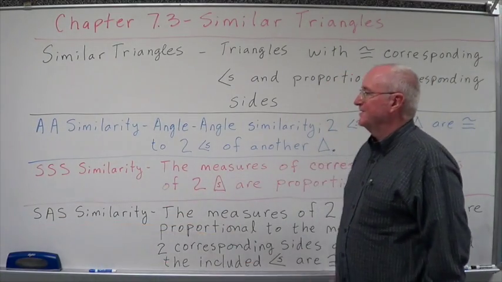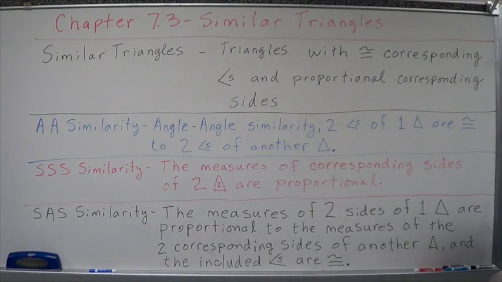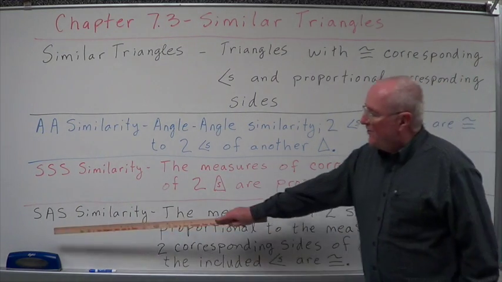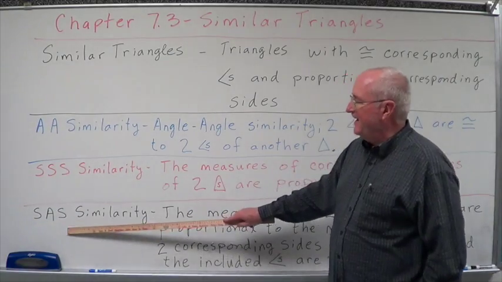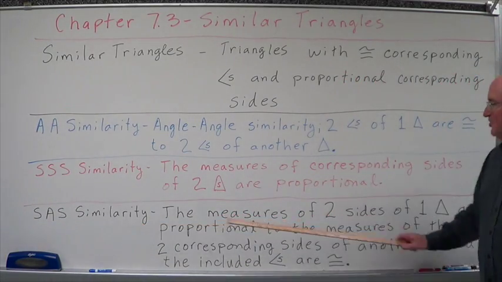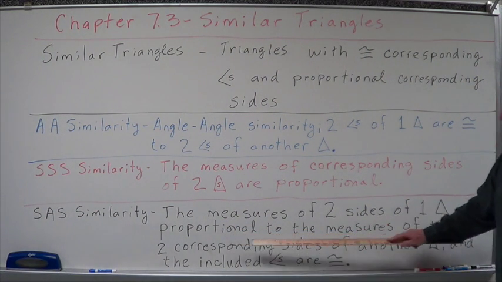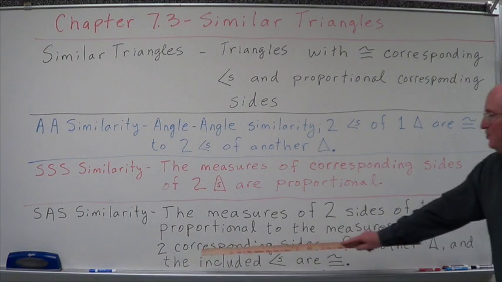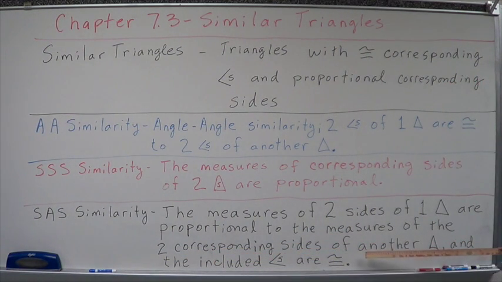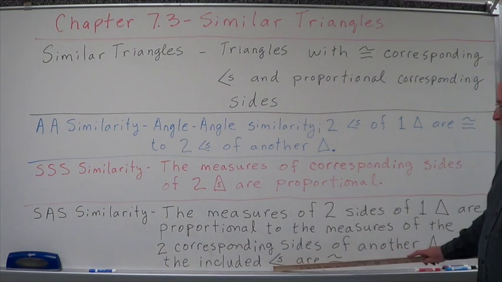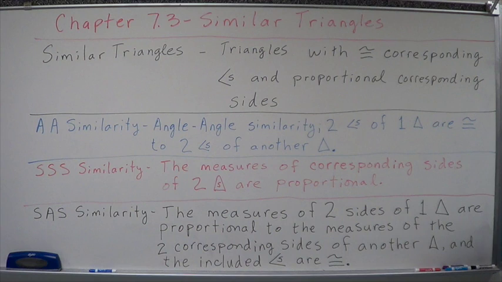Now, we have one more. It's called side-angle-side similarity. It works very similar to side-angle-side congruency in that we have two sides and the included angle. Remember, this angle has to be the included angle. Side-angle-side similarity: the measures of two sides of one triangle are proportional to the measures of the two corresponding sides of another triangle, and the included angles of both are congruent.